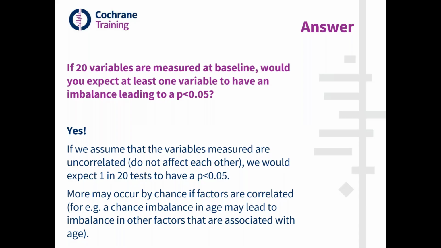But you could see more, still compatible with chance, if factors are correlated with each other. For example, if you have a chance imbalance in age, and age is associated with other factors, it may lead to imbalances in those as well.